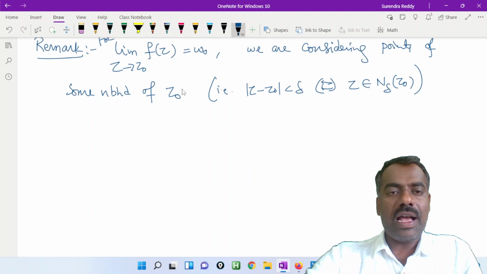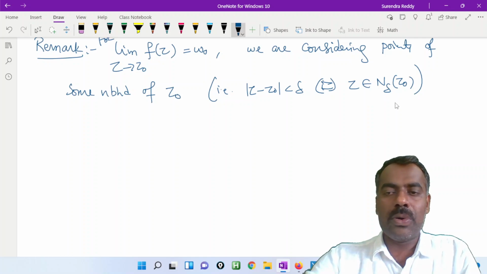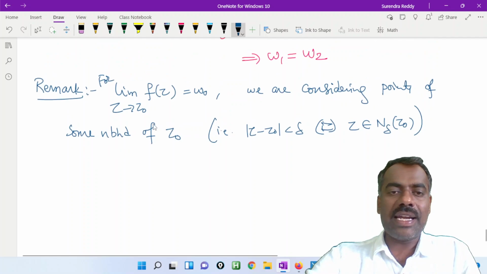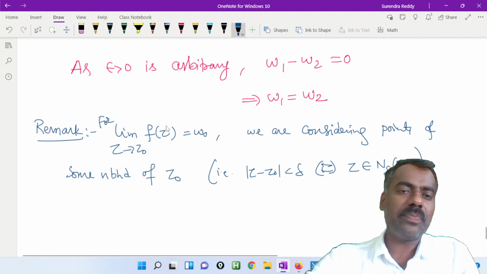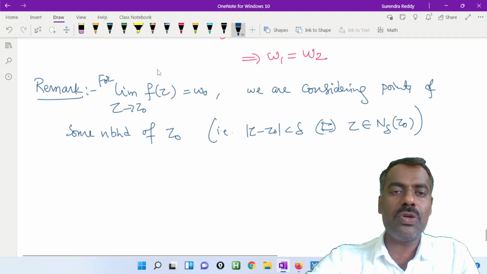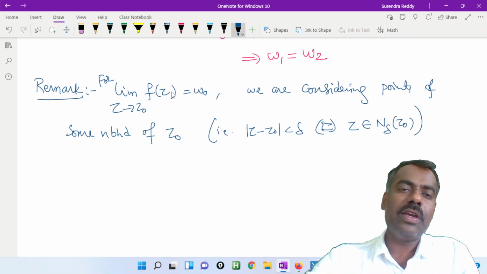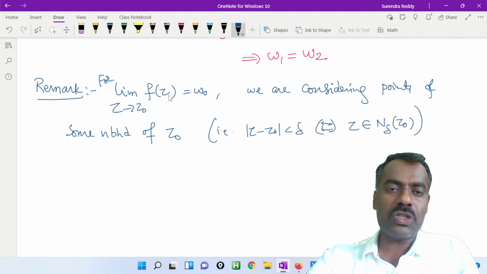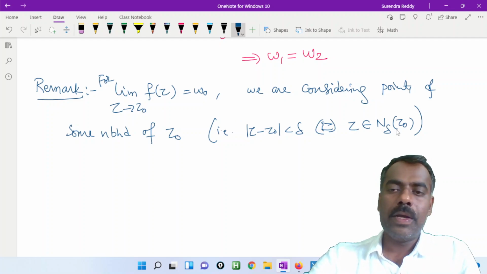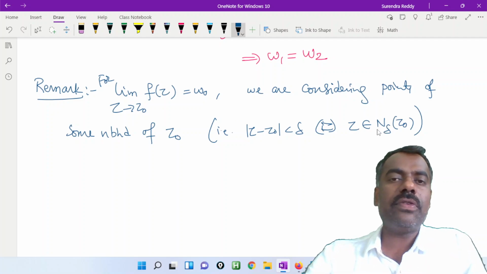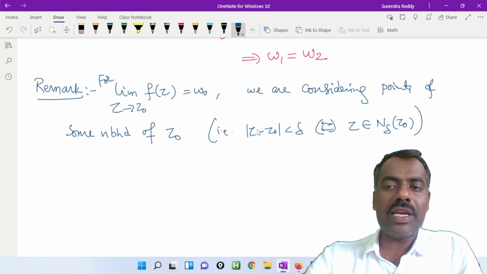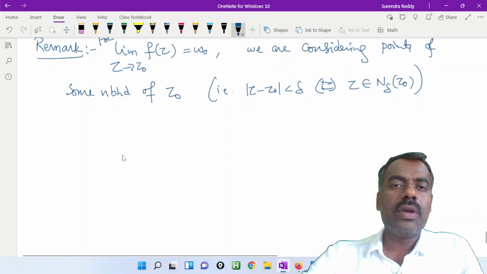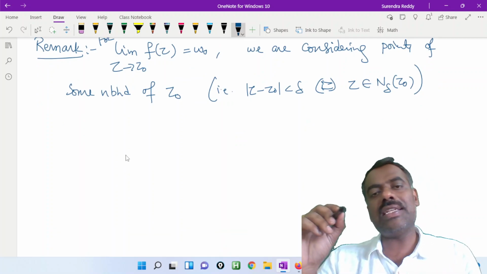Now when we are talking about a neighborhood, what is the guarantee that f is defined for all such z? If we are talking about the domain of f, it is not necessary that f of z is defined for all z. That is possible if the z0 we are considering is an interior point.